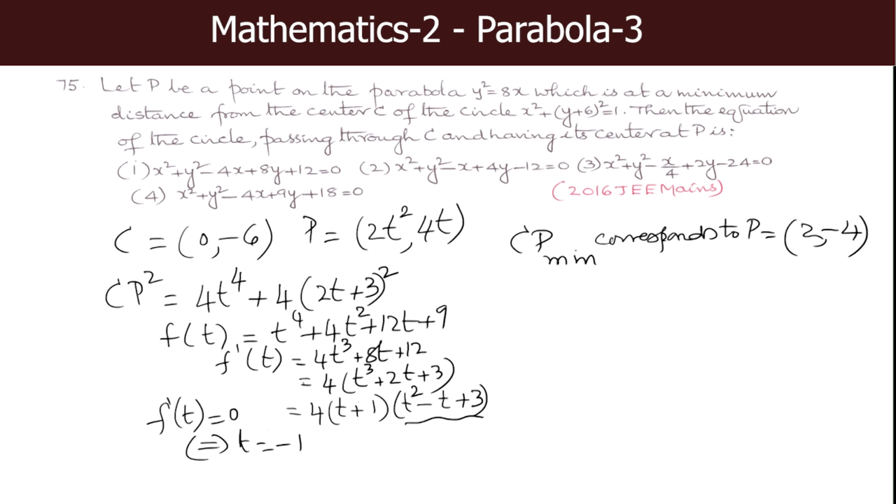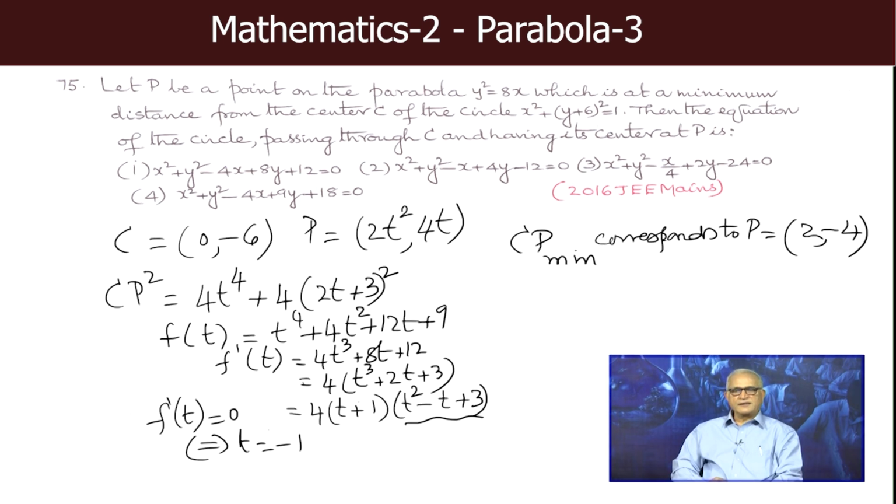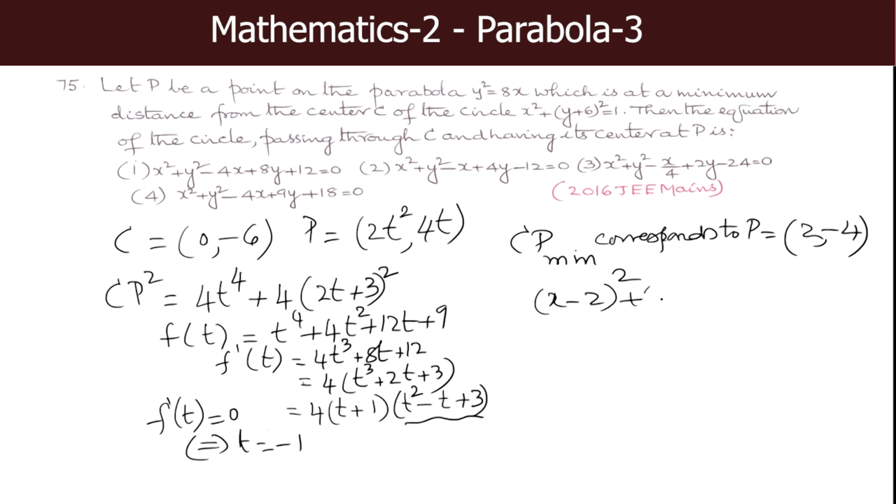Okay. Now, what is the equation of the circle passing through C and having its center at P? Therefore, the equation of the circle is (x minus 2) whole square plus (y plus 4) whole square. It passes through the center (0, −6). When you put x equal to 0, this is 4, plus (−6 plus 4) whole square, that is 4, which is equal to 8.